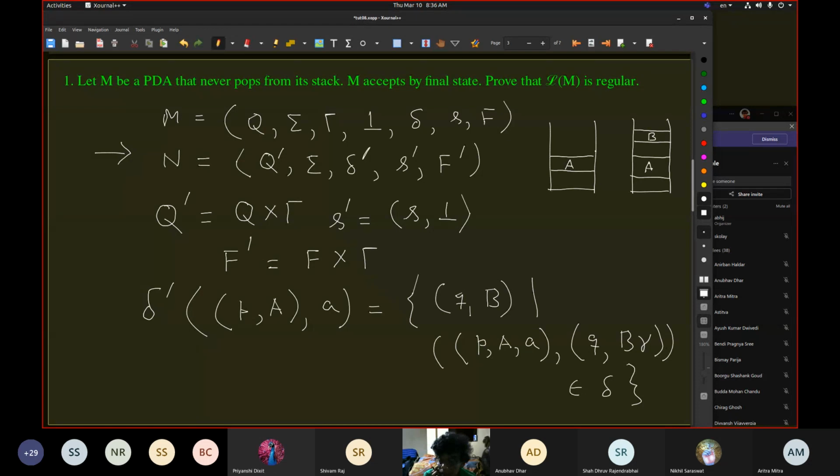Okay, so this B is well defined, and given the transition function delta, B can be found, and then I will make this transition without any problem, right? Yes or no? Yes, sir. Okay, so this construction is also clear.